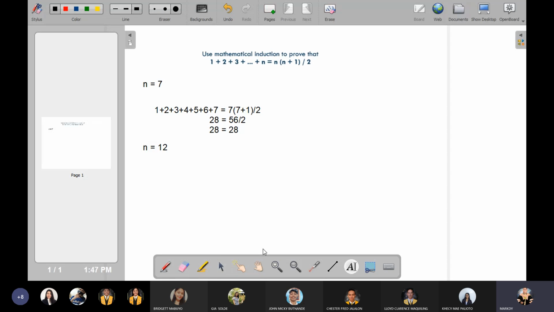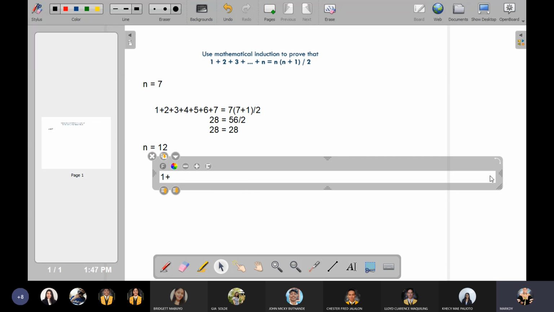The next thing that we're going to do is to have 1 plus 2 plus 3, plus 4 plus 5 plus 6 plus 7 plus 8 plus 9 plus 10 plus 11 plus 12 is equal to 12 times 12 plus 1 divided by 2.